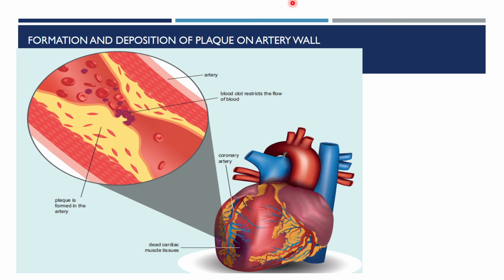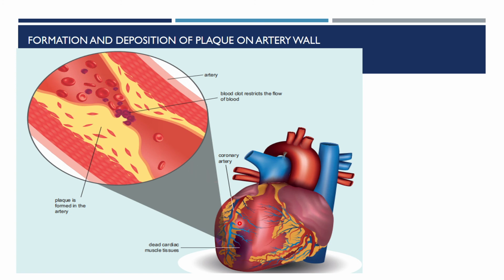Now this is the formation and deposition of plaque on the artery walls. You see, this is the blood flowing within the lumen, and now the lumen has become very narrow, so you say the blood clot over here restricts the flow of the blood. And also there is plaque formed in the inner walls of the artery.